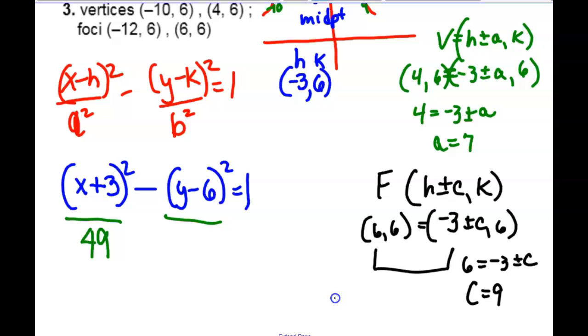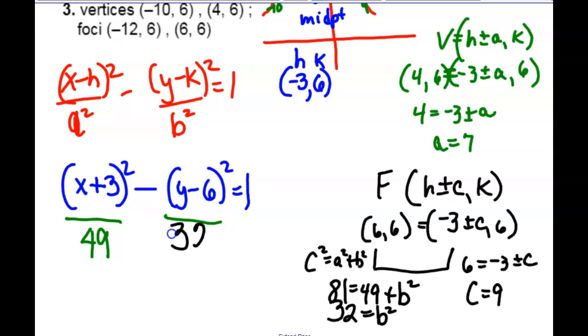So C squared is 81. And C squared equals A squared plus B squared. We already have 49 plus B squared. So 81 minus 49, 32. Now that's B squared, and that's really all we want, right? It's ugly, we don't have to graph it. We're done.